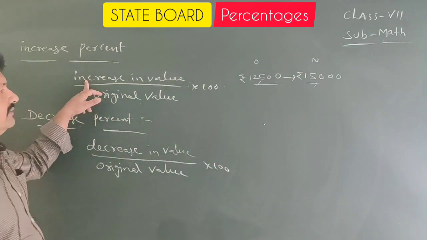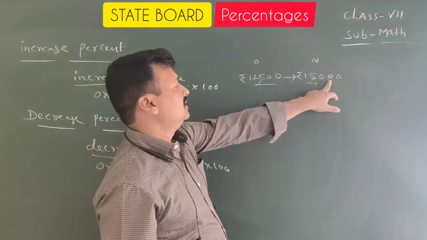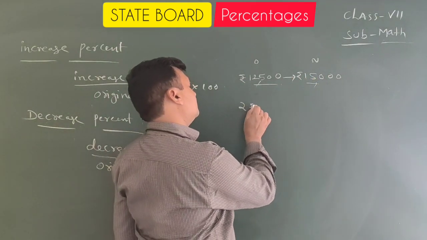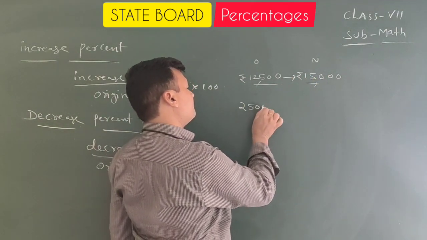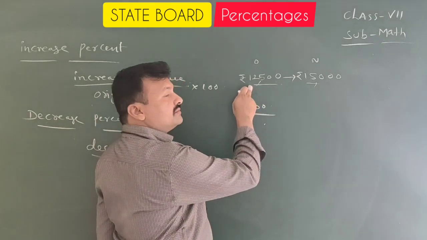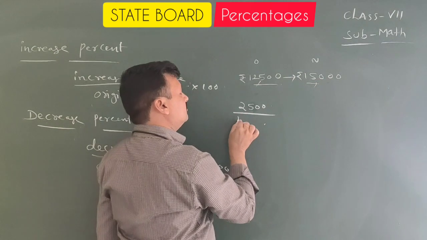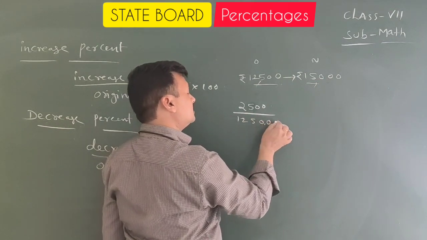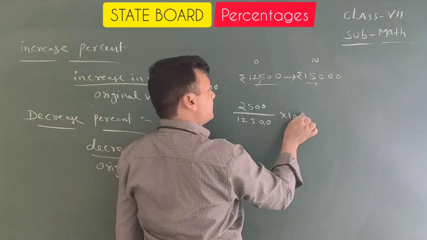The increase in value is 2,500, divided by the original value 12,500, into 100.